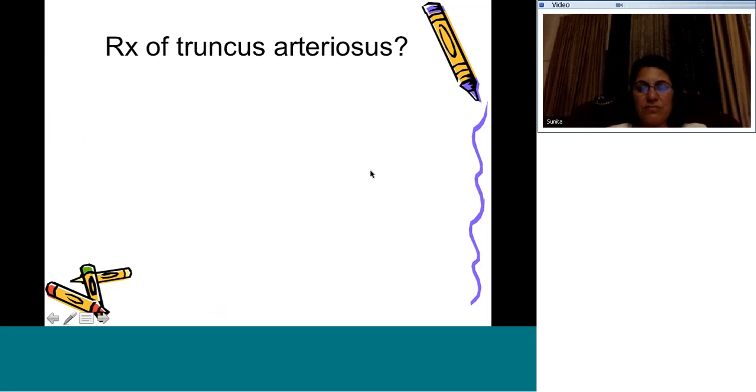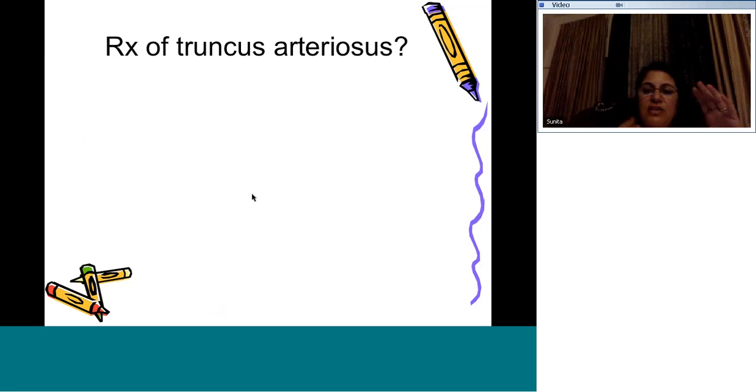Okay. Treatment of truncus arteriosus. Treatment of truncus arteriosus. Anyone? Treatment of truncus.